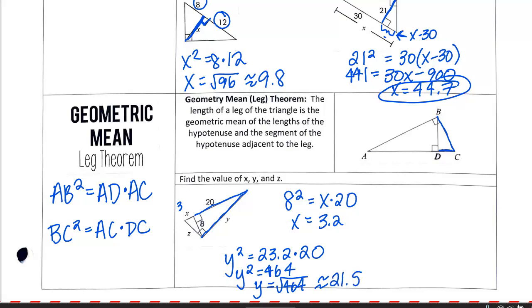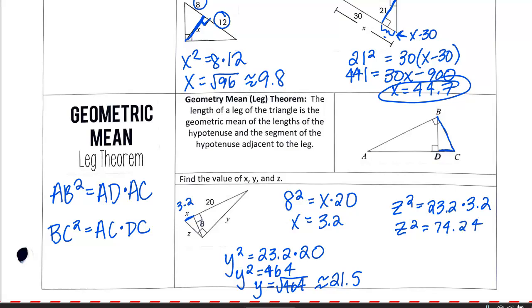All right, let's do the same thing, but let's find z. So z squared is going to be equal to that whole hypotenuse, which is 23.2, times the little piece that's adjacent to z, which is x, which we know to be 3.2. There we go. All right, so 23.2 times 3.2 gives us 74.24.